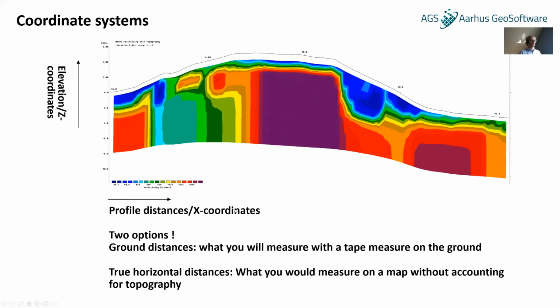So the X and the Y coordinates will be measured along the horizontal plane. So this is what you'll end up with if you measure the distances on a map, or if you, for example, measure them using a GPS receiver. Then the X and the Y coordinates will be true horizontal distances. And you have to tell the program when you put in the topography in some cases if you are using one option or the other. So we'll get back to that later.